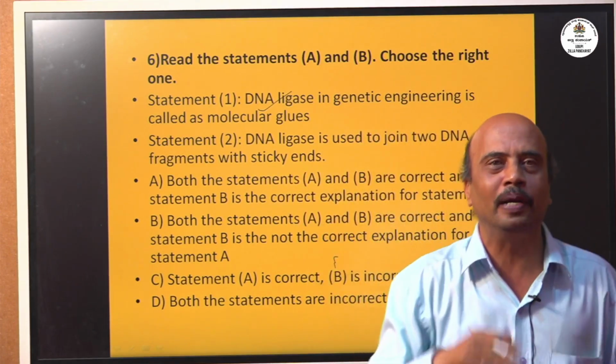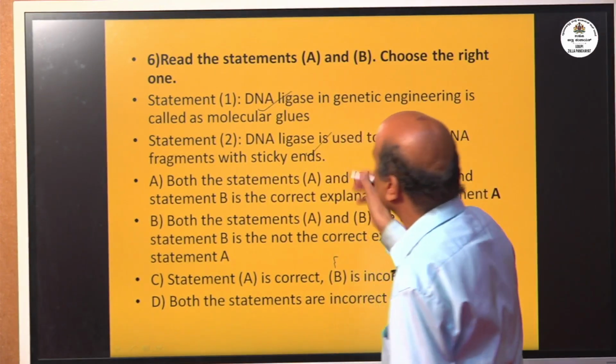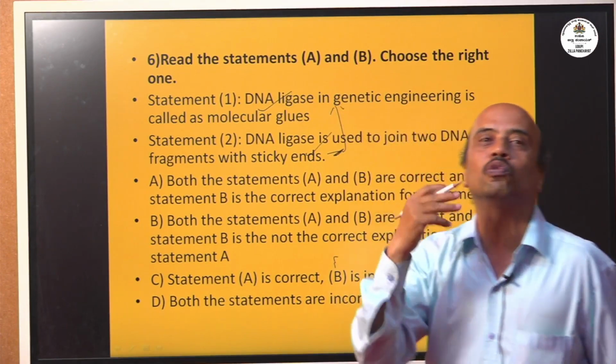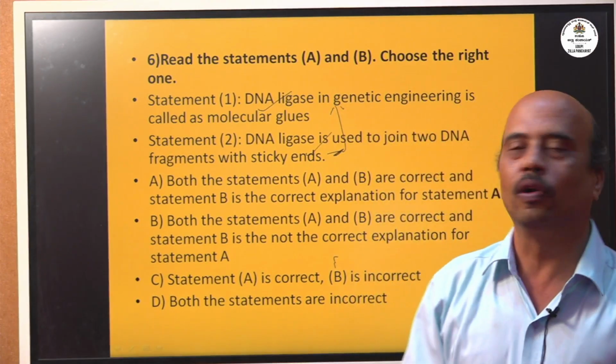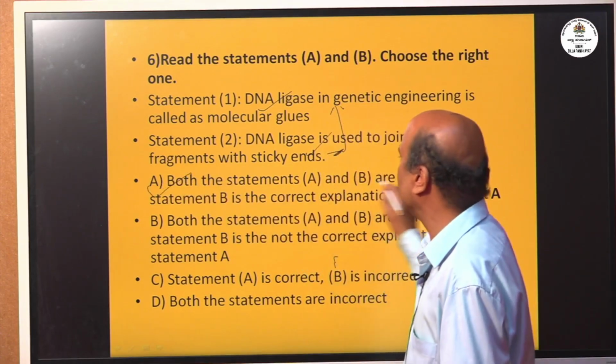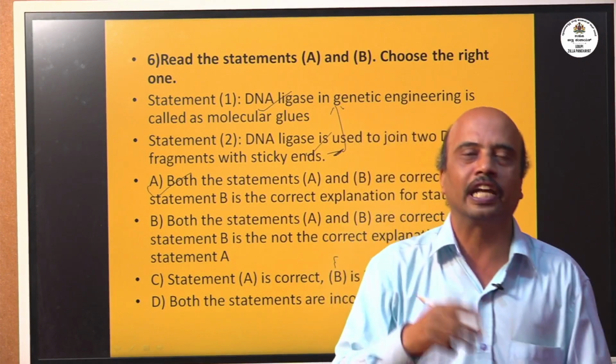Here both statements are right and statement 2 is the right explanation for statement 1. Therefore we have to select option A. Both statements A and B are correct and statement B is the correct explanation of statement A.